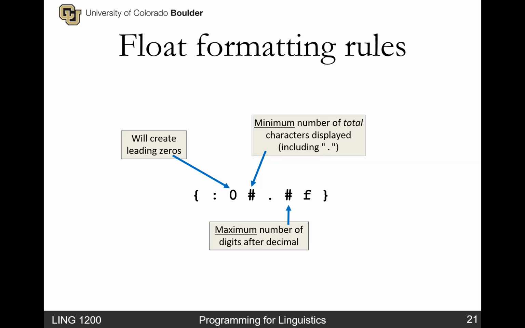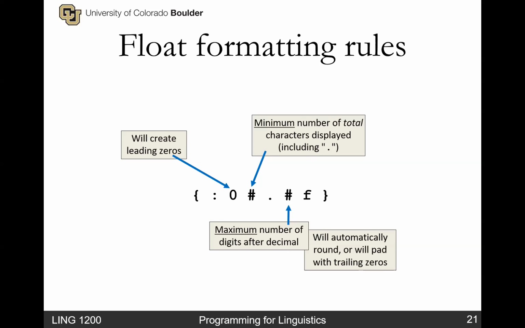If you specify more than there are actually digits in the number, it will pad that with trailing zeros. And note that if you give fewer than you have numbers after the decimal, so if you have 5 digits after the decimal and you put a 3 here at the spot, it's not going to just truncate after the 3rd digit that follows the decimal.